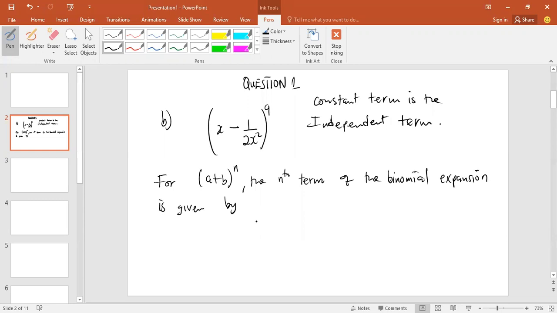You can denote it with capital U and say r plus 1.